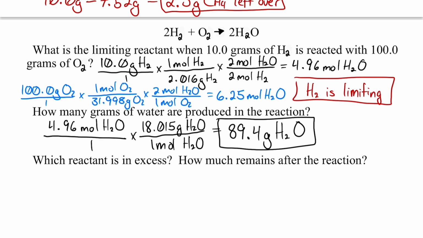The second question, which reactant is in excess and how much remains after the reaction? Well, first and foremost, if hydrogen is the limiting reactant, that means oxygen is in excess, the excess reactant.